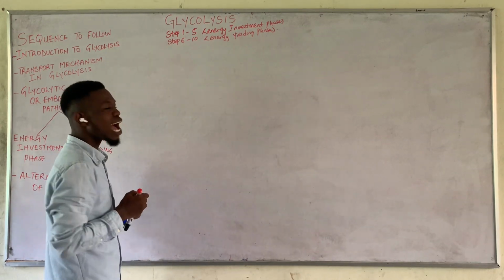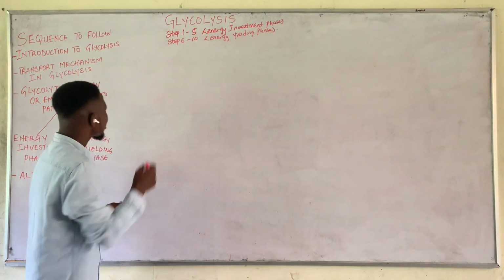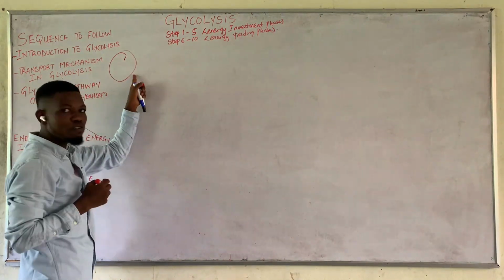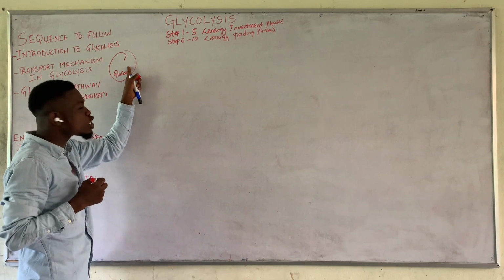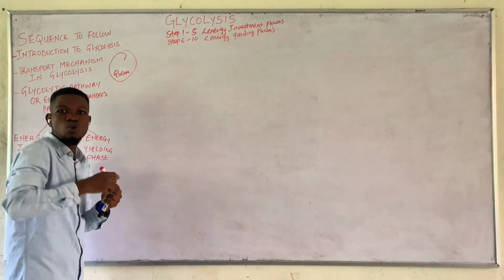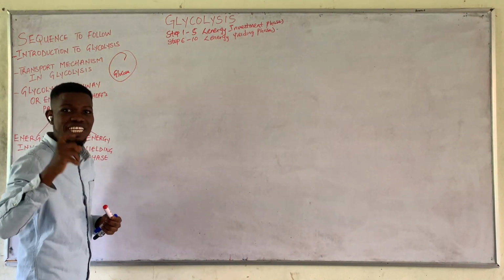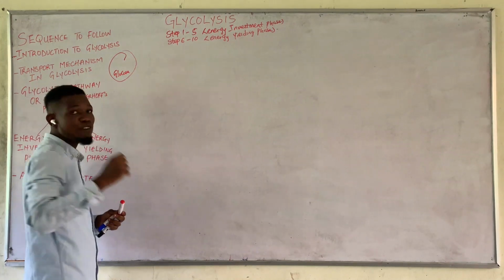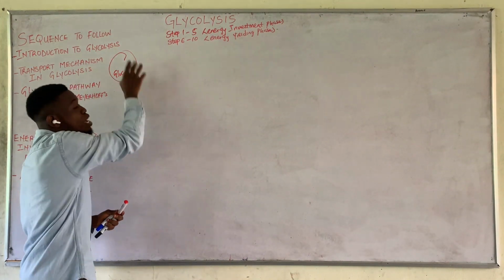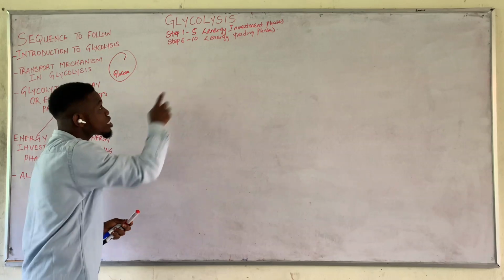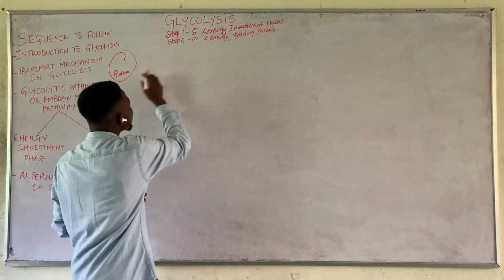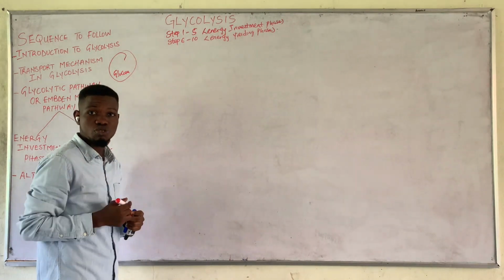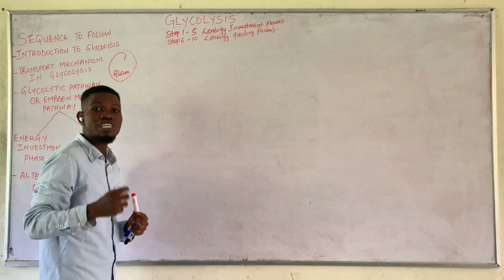In glycolysis, inside the cytosol of the living cell, there is the presence of glucose. So it is within the cytosol that glycolysis occurs. The energy investment phase, which is the first phase of glycolysis, occurs in this cytosol, likewise the second phase. The glucose is our starting substrate in glycolysis.